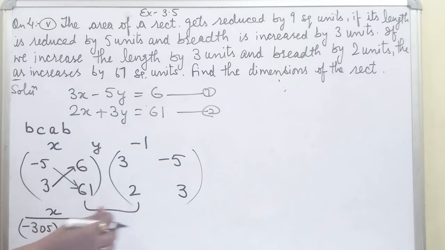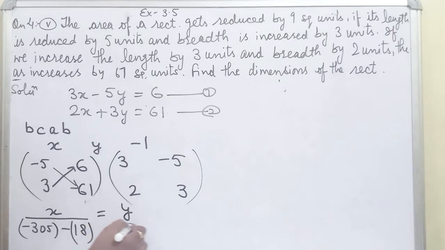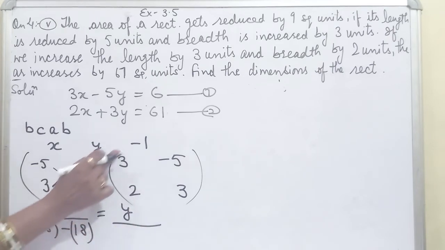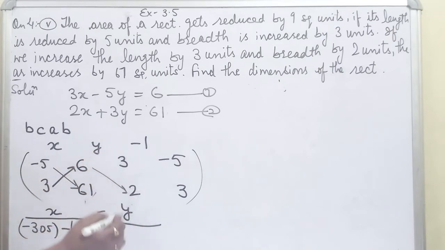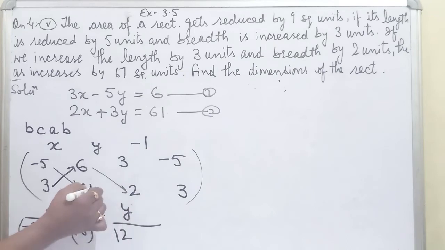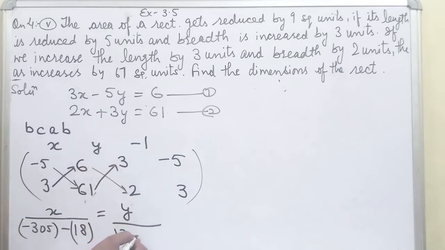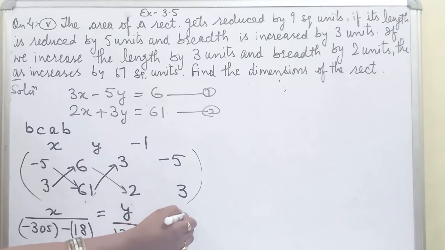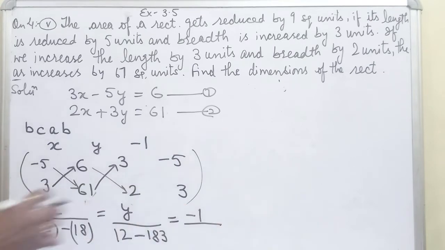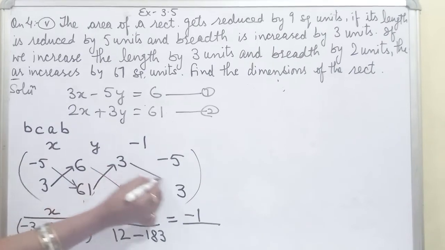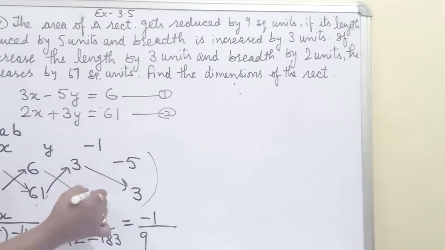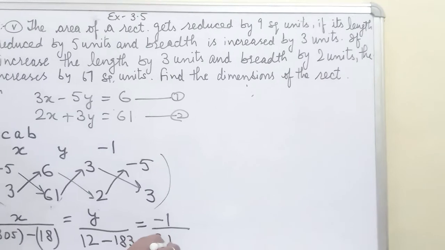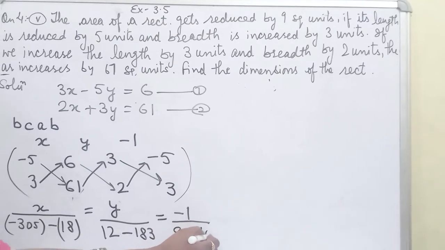Similarly, in the same way, y upon 6 into 2, 12, minus 61 into 3, 183, equals to minus 1 upon 9 minus, which is plus 10.